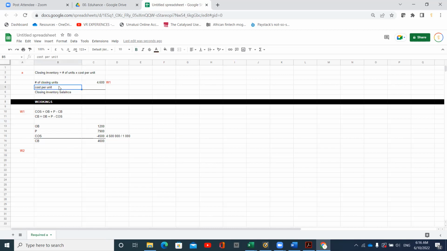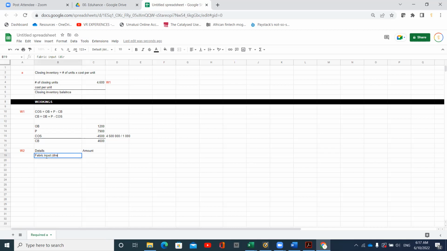To get the cost per unit, work out total cost of a product and then divide it by the number of units manufactured. Okay, so here we're going to have, let's say, details and amount. Okay, so we're going to have direct material, so it's fabric input.